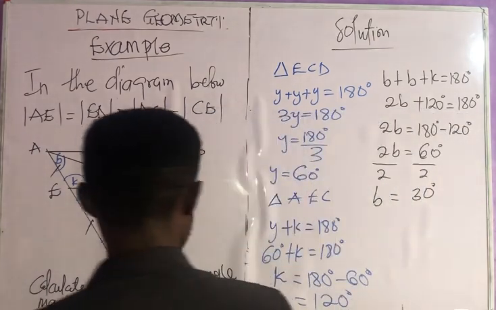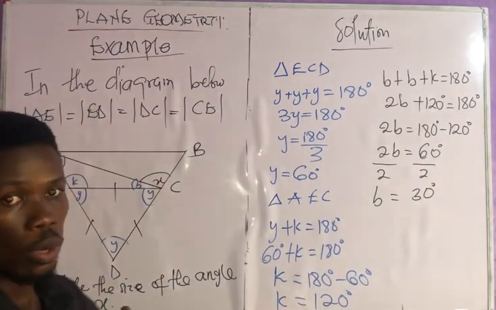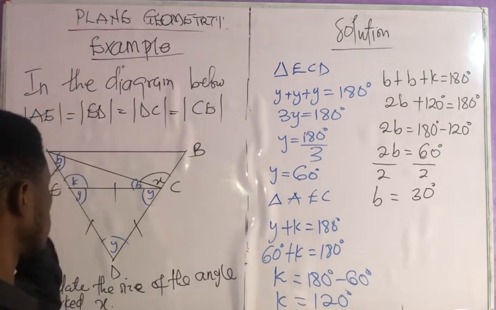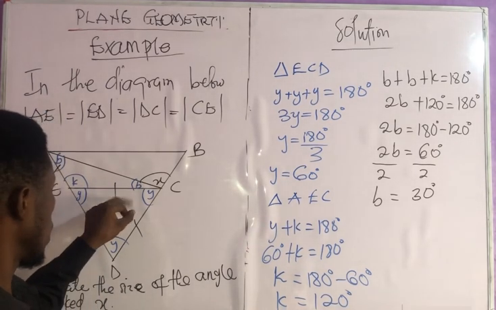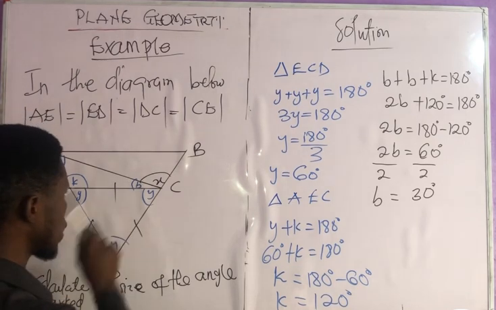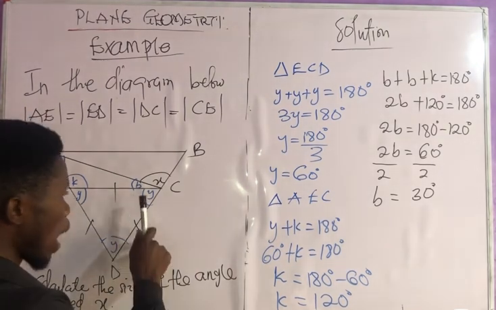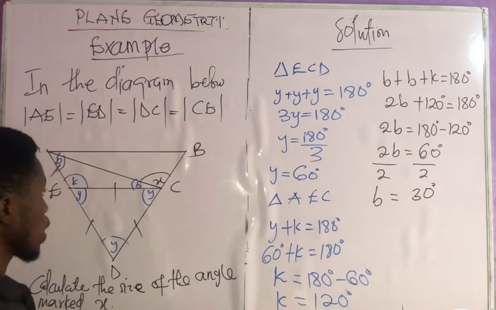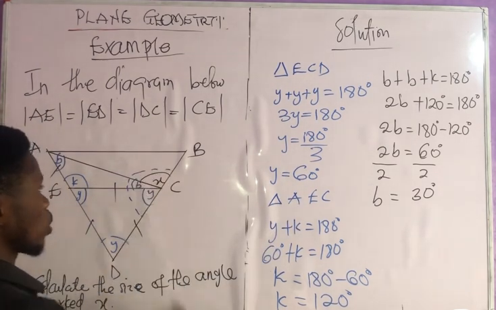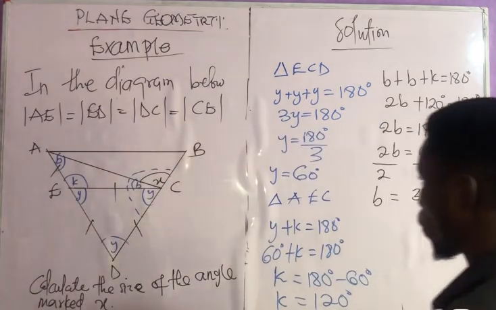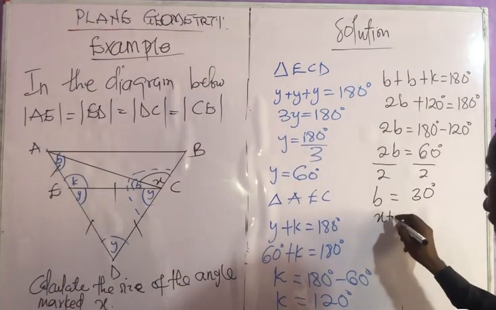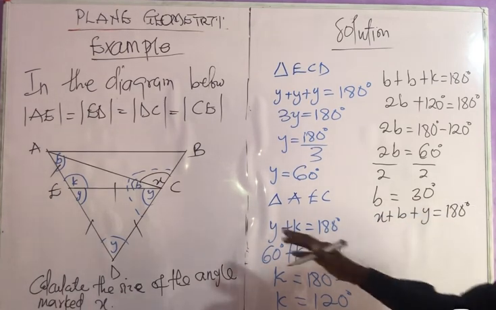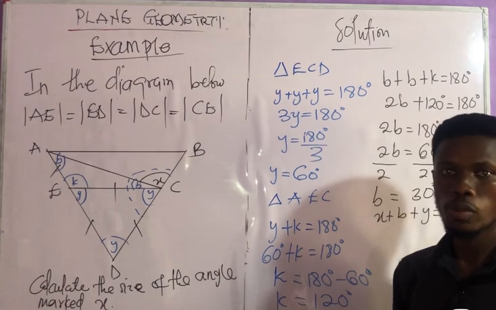Now let's look at something. Still we don't have our x, but we want to find the value of x. So looking at this, B, K, B means that this side is now what? 30 degrees. I know the Y is 60 degrees, and this is x. So you can see that this is on a straight line. So x plus B plus Y is equals to 180 degrees, because angles on a straight line sum up to what? 180 degrees.